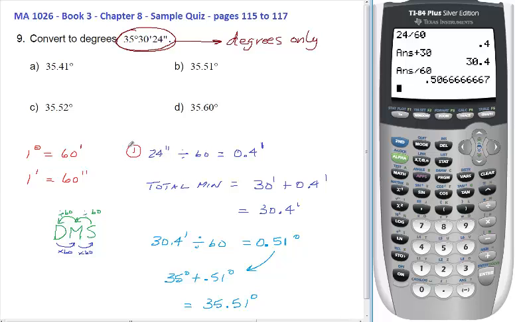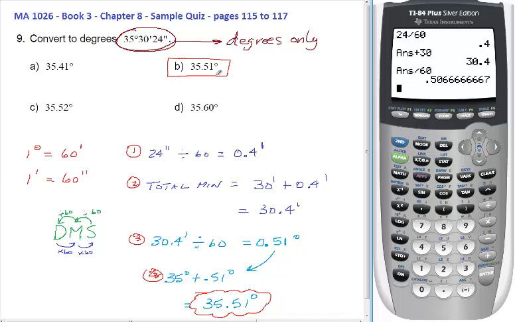What did we do first? We took 24 divided by 60. Then we added that on to get the total minutes. We divided the total minutes by 60 to get degrees. Then we added that to the number of degrees to get this final answer of 35.51. So the answer is B.